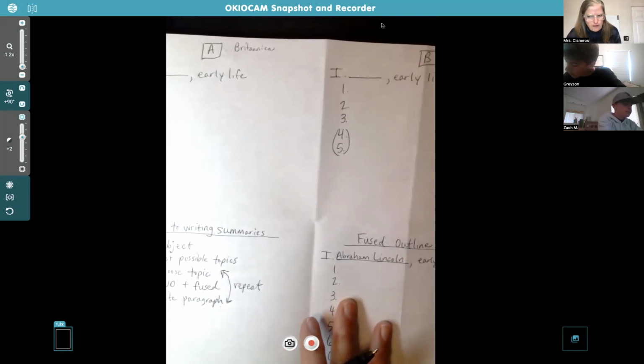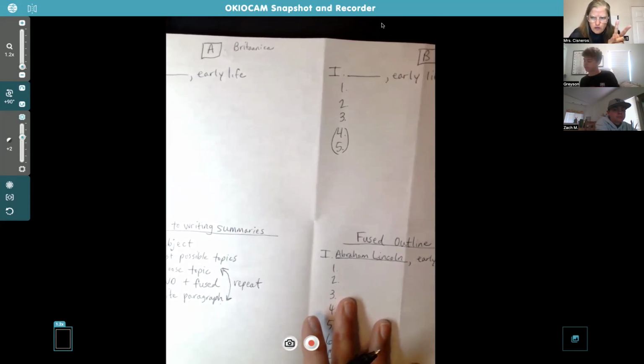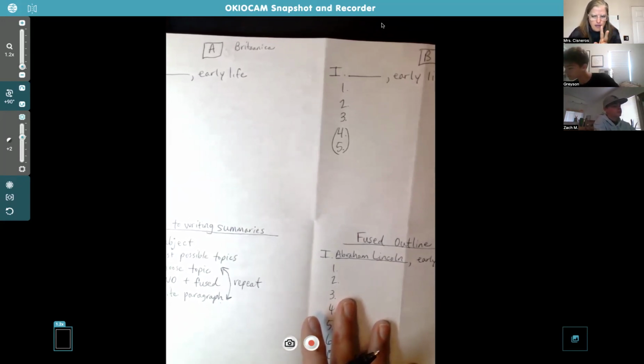For paragraph 2, you guys are going to choose from your own list what you want to write about for your second paragraph. And if you don't know yet, that's okay. You can do a little bit of research after class to figure out what you want to put as your second paragraph. Ultimately, you're going to have 3 topics. We're just focusing on 2.